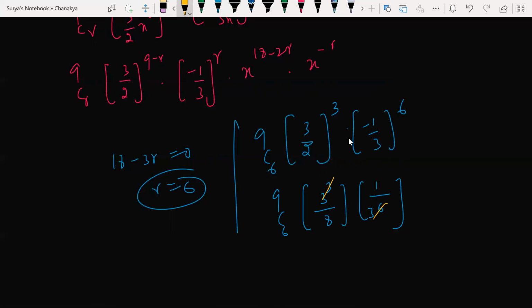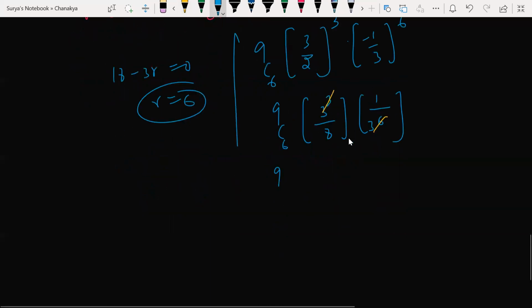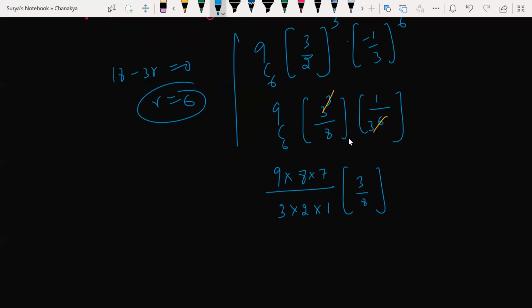The three cubes will get cancelled. So 9C6 is 9C3, which can be written as 9 into 8 into 7 by 3 factorial, so 3 into 2 into 1. Then 3 will get cancelled, 8 will get cancelled.